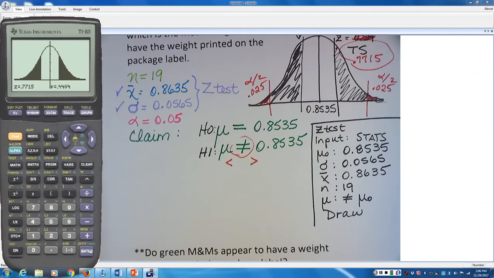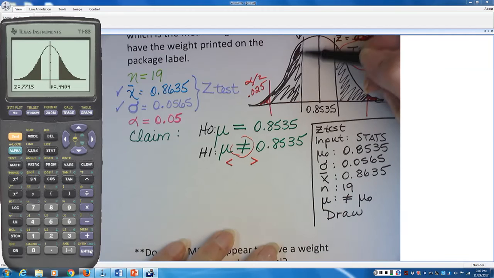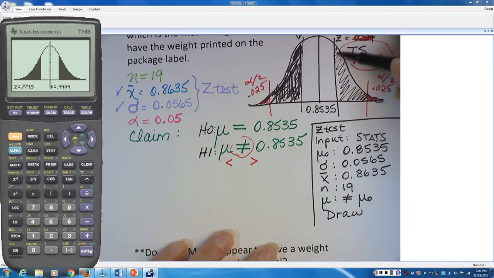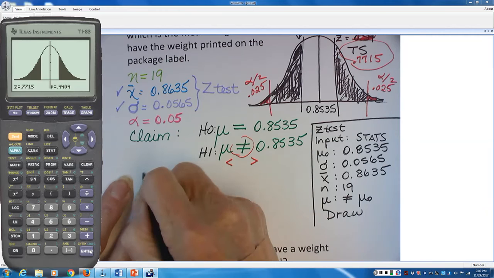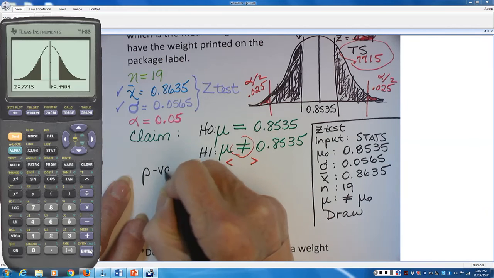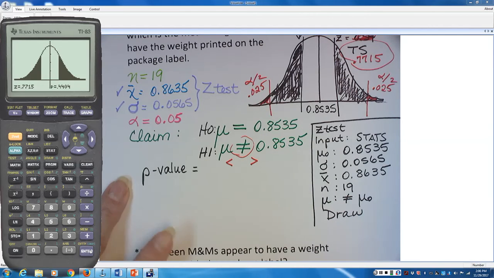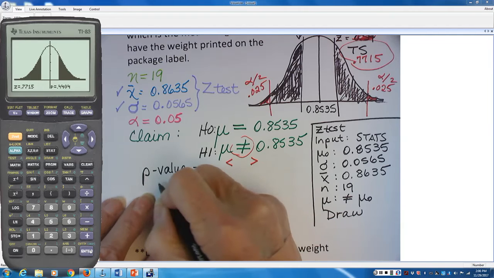And the total of that black area on both sides, if I add both of these up together, because it's a two-tailed test, your p-value is 0.4404.